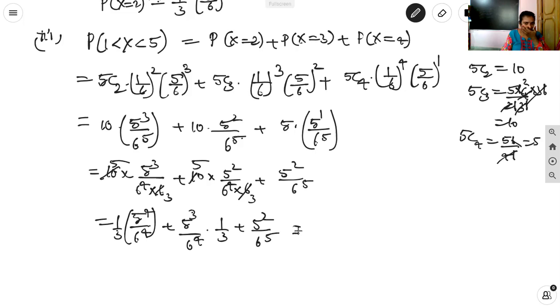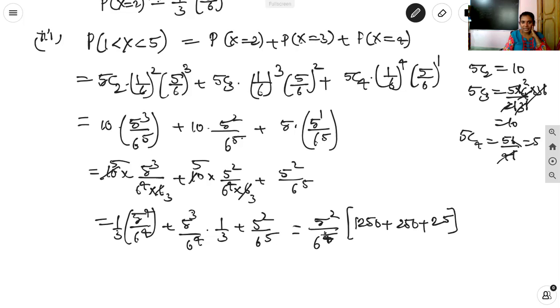Here we can take 5 square by 6 power 5 in common. Taking 6 power 5 common, 5 cube means 5 fives are 25, 25 fives are 125, 1250, plus 250, plus 25.